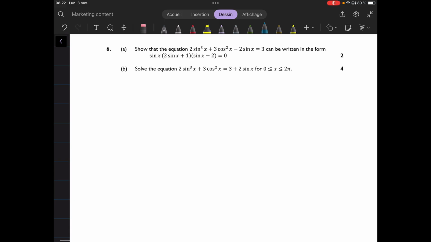Question 6. In part A, you're asked to show that this equation can be written in this form. And because you see cosine squared in the sea of sines, the best idea is to convert that cosine squared into sine squared.